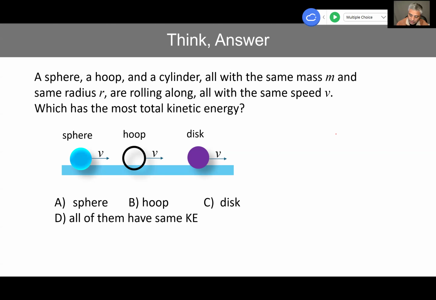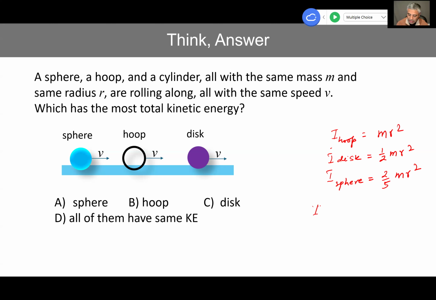But last class we learned that the rotational inertia of a hoop is just m r squared. The rotational inertia of a disk is half m r squared. And the rotational inertia of a sphere is 2/5 m r squared.